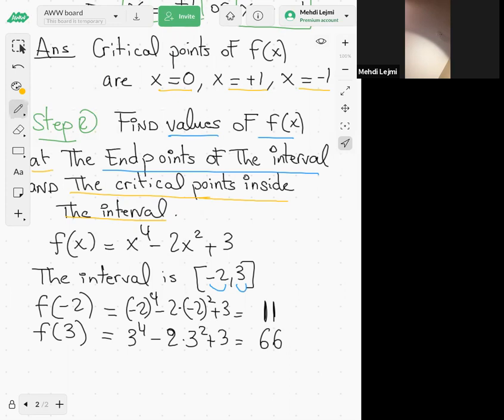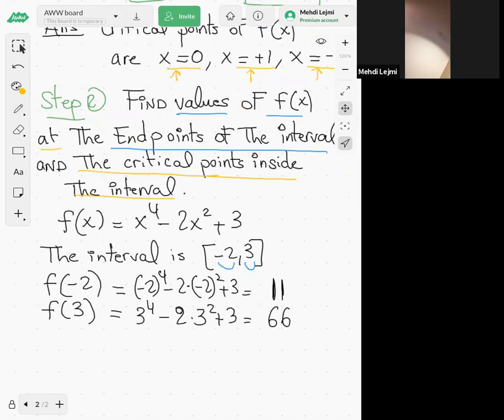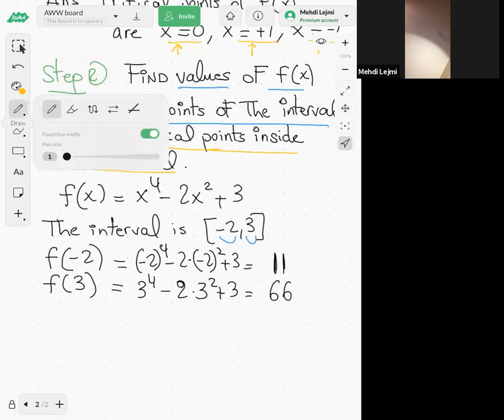Your critical points have to be inside the interval. 0 is inside the -2, 3, so that's okay. +1 is inside the interval, and also -1 is inside the interval. So your critical point must be inside the interval. If it's not inside, then don't evaluate f at that critical point, okay? So all my critical points are inside the interval -2, 3.